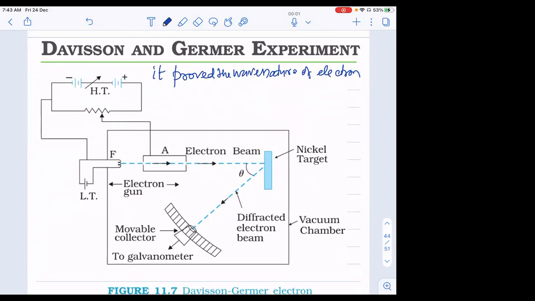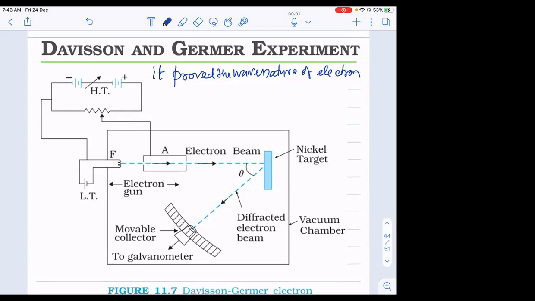De Broglie was the one who gave the concept of wave nature, but later on these scientists could prove the wave nature of electron. They could find the wave of moving electron in their experiment using the different potential differences and angle of scattering वगैरह use करके उन्होंने एक sudden peak मिलती है.